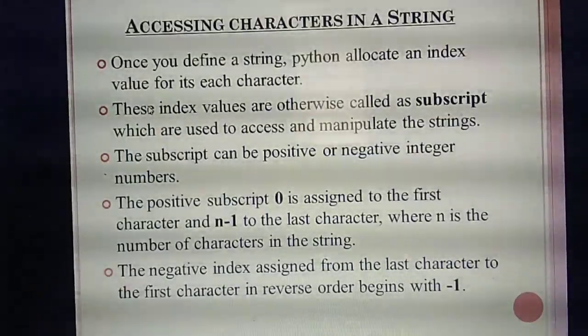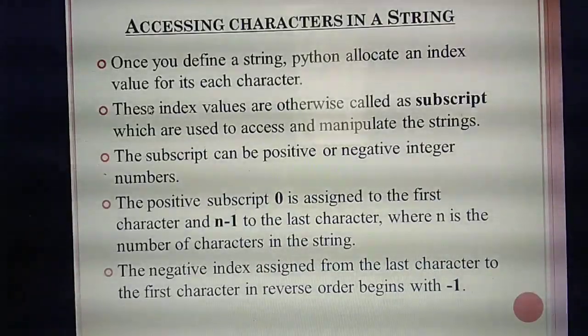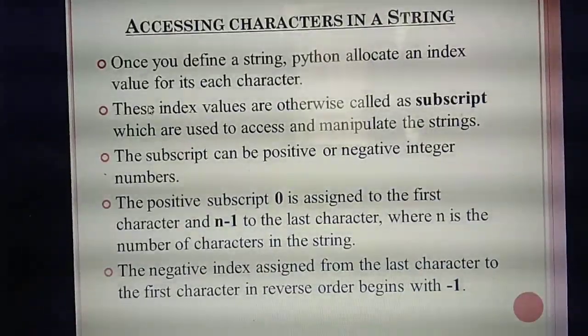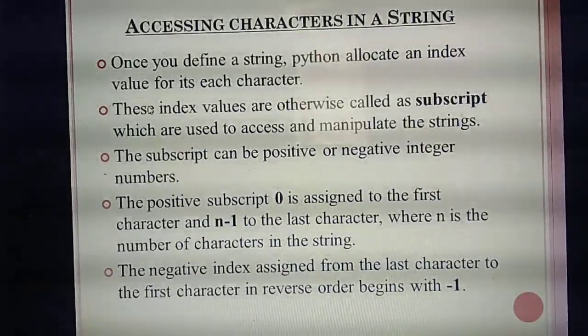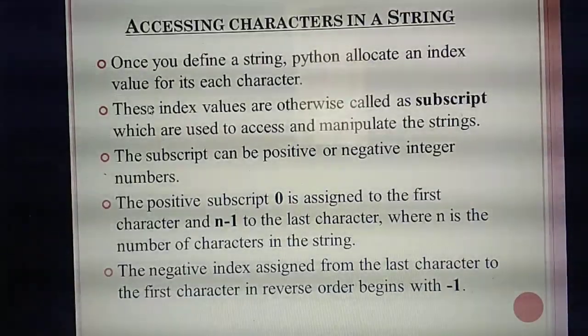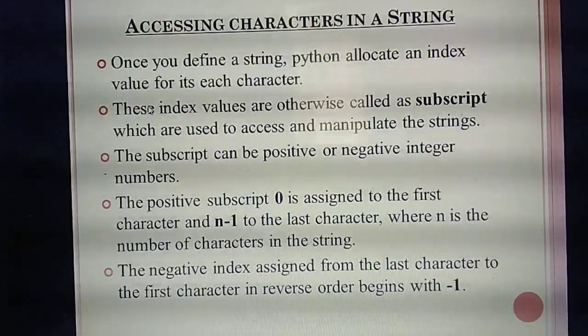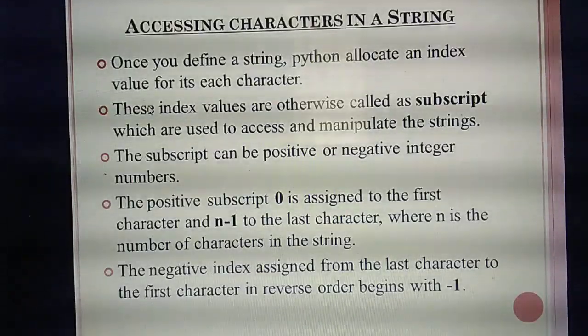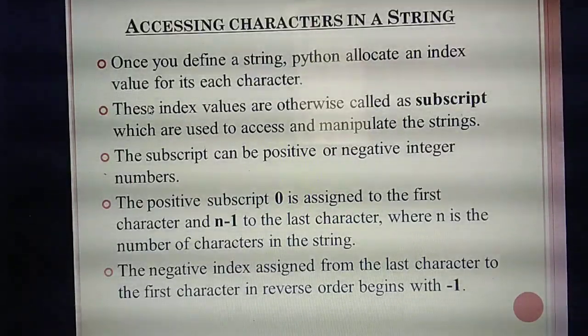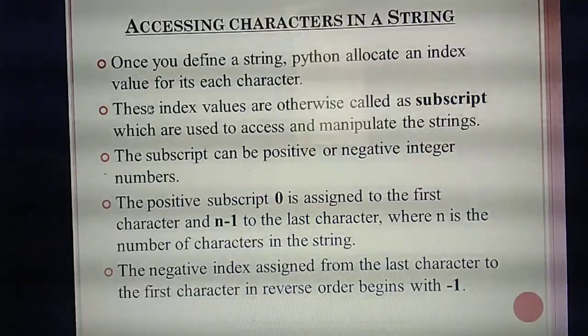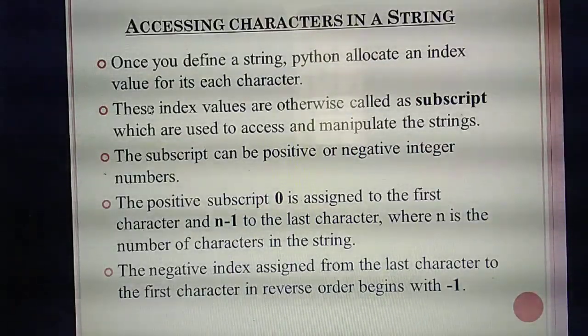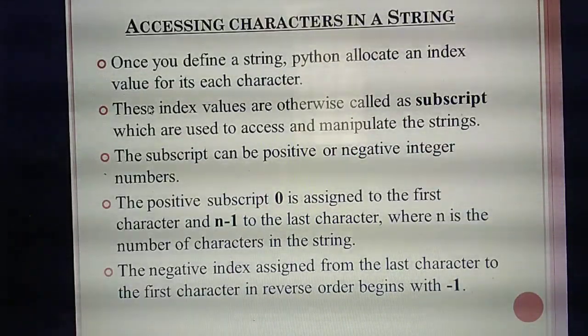But if you are giving a negative index, it will always start from the last character, in reverse order. So a negative index always starts from minus 1 at the last character, not 0. But a positive index always starts with 0.